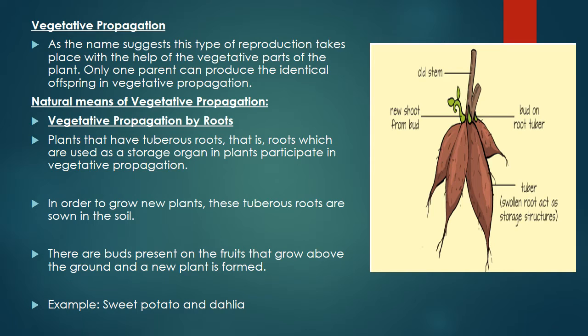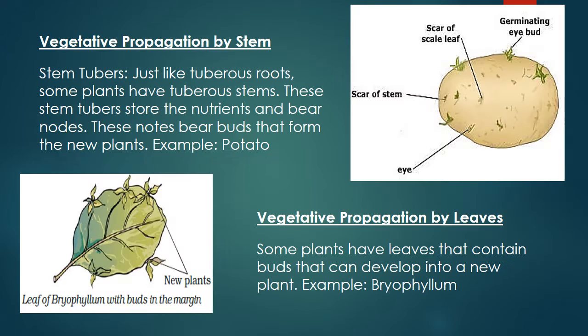Natural means of vegetative propagation: plants that have tuberous roots as a storage organ participate in vegetative propagation. These tuberous roots are sown in the soil, and there are buds present that grow above the ground, and a new plant is formed. Examples are sweet potato and dahlia.